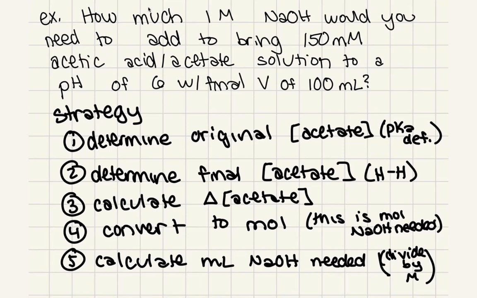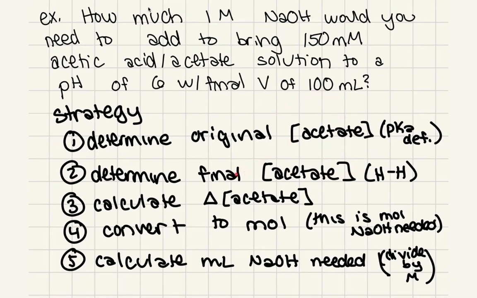But how much? So to do this, we're going to take a strategy. We're going to determine the original concentration of our acetate, and this is just by using the definition of the pKa and doing one of those first types of problems that we did earlier in the video. Then we're going to determine the final concentration of acetate. And here we're talking in terms of concentrations because, remember, we're adjusting our volume at the end, so we don't need to worry about a changing volume along the way.